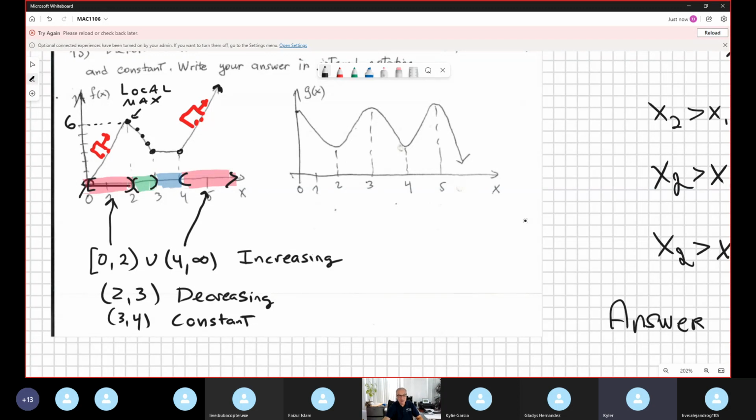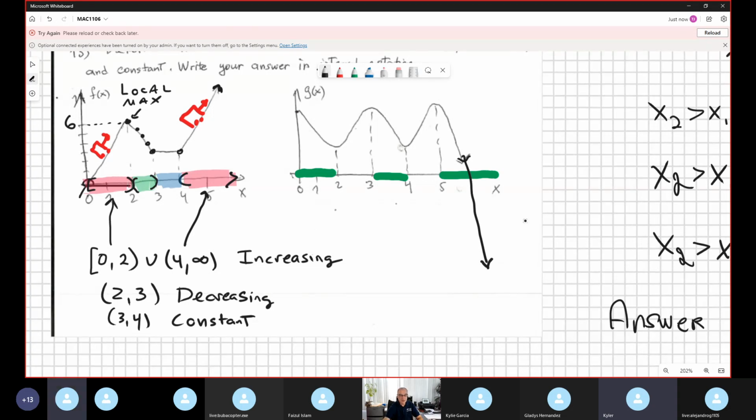It's going up, it's going down, it's going up, it's going down, it's going up. For example, I see clearly that from 0 to 2 it's decreasing. It's also decreasing from 3 to 4, and it's also decreasing from 5 to infinity, because this arrow indicates that it continues forever in that direction.